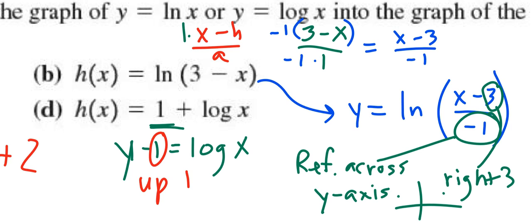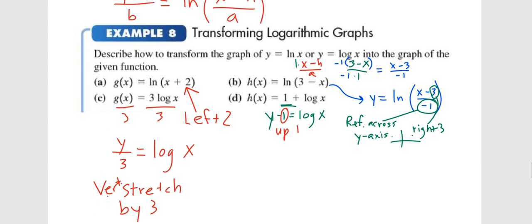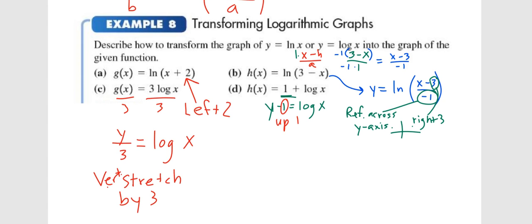Now, what kind of changes to a logarithm function would change the asymptote? That's the question that's important. Any kind of left or right shift is going to change that vertical asymptote.